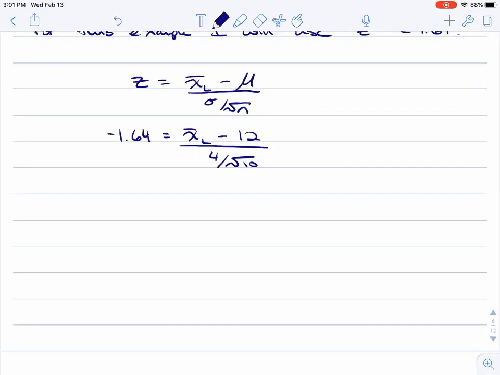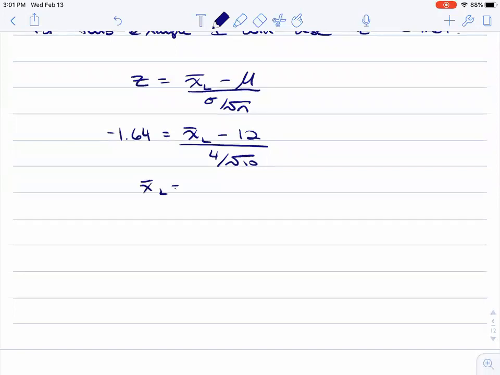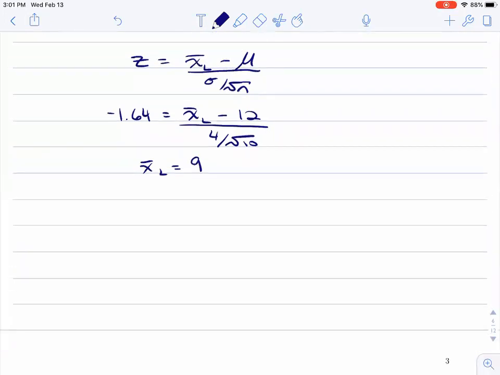So call 1 times negative, plus 12. Skipping straight to the goods. X bar lower is 9.925545855.